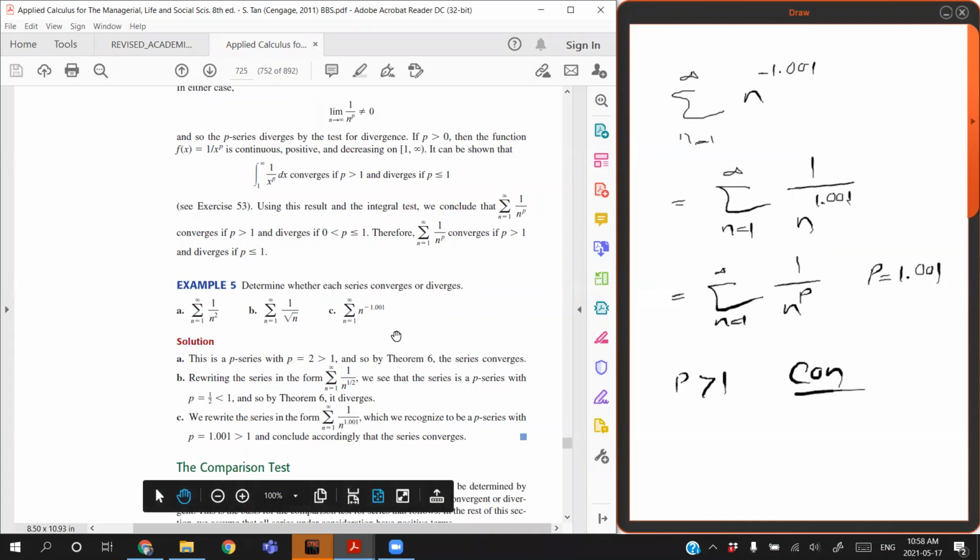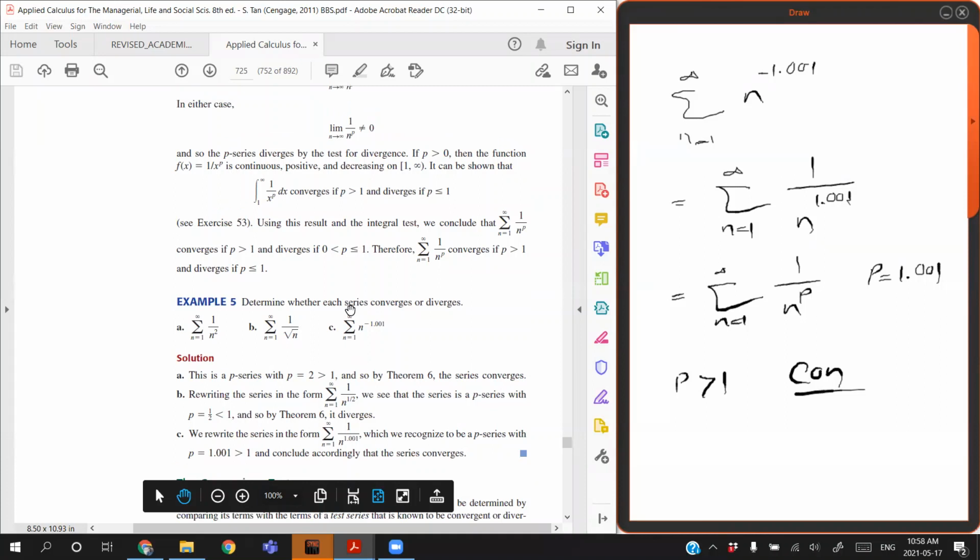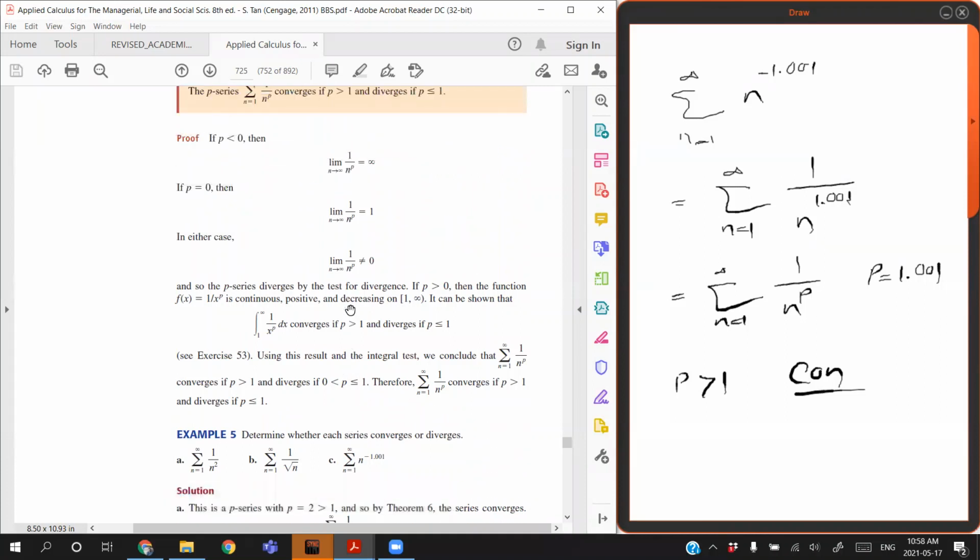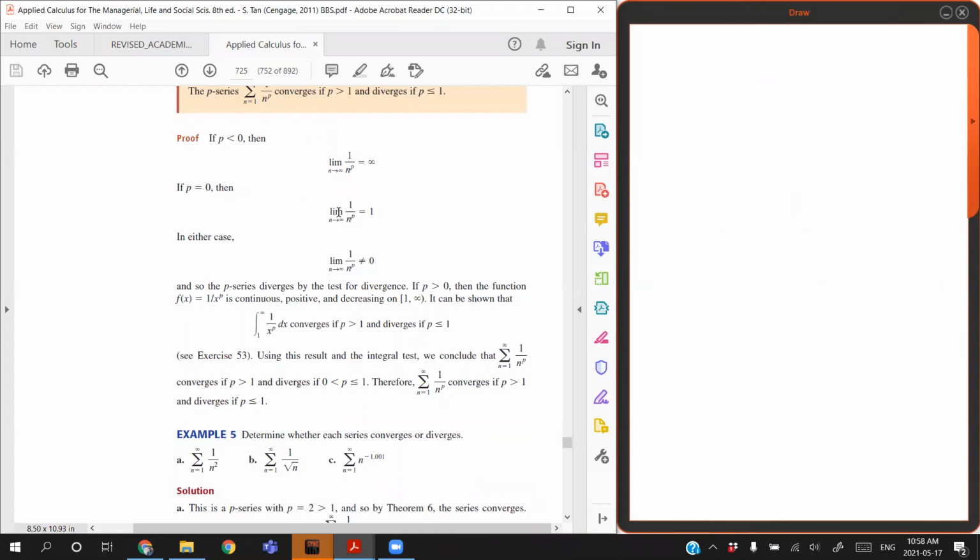And the way to prove this theorem is also very easy. You have the proof here. It's simply using the integral test. If you have a P series 1 over n to the power of P, you can define a function f of x to be 1 over x to the power of P. And then you can look at the improper integral of 1 over x to the power of P from 1 to infinity dx.